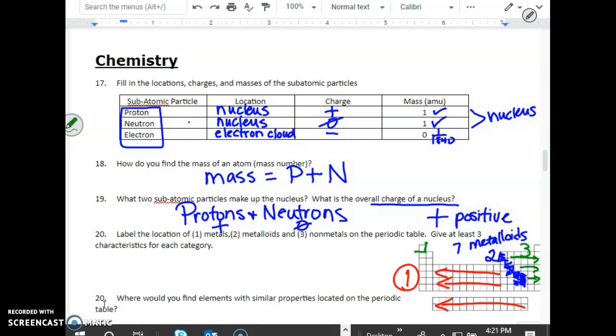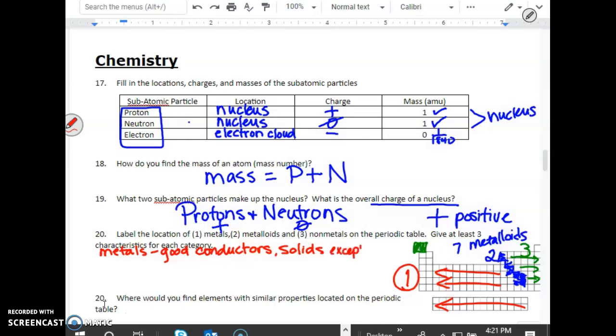With the small exception of this here, which is hydrogen, is also a nonmetal. So for metals, some characteristics of metals are that they are good conductors of heat and electricity. They're also all solids except for 1, which is going to be mercury.